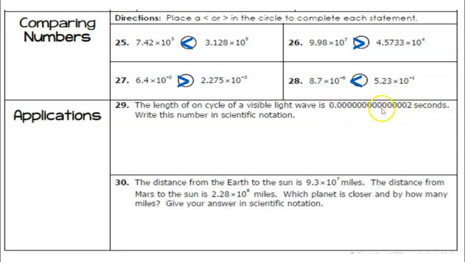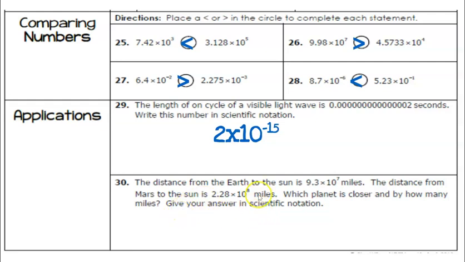So count and see if you can figure out how to do it. Hit pause, give that a try, and then come back. Okay, so I said that it had to go 15 spaces and it had to go to the right, so therefore it's going to be a negative 15.